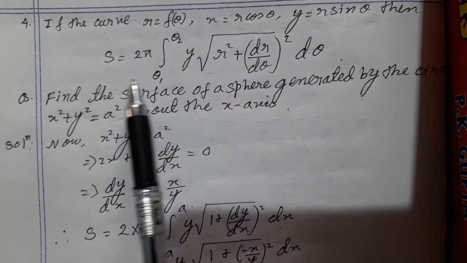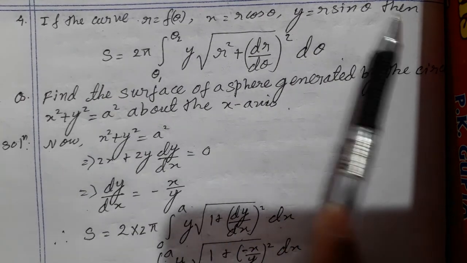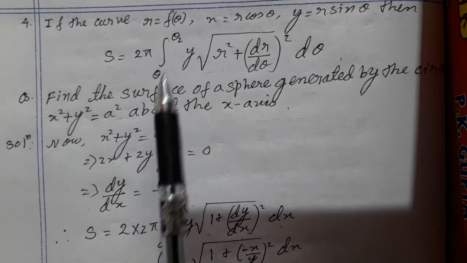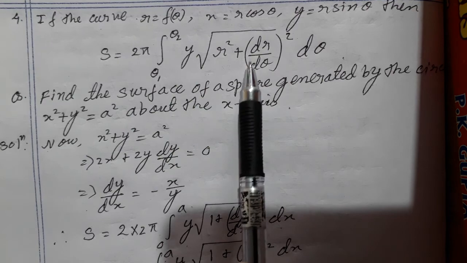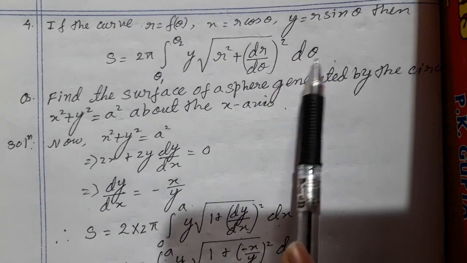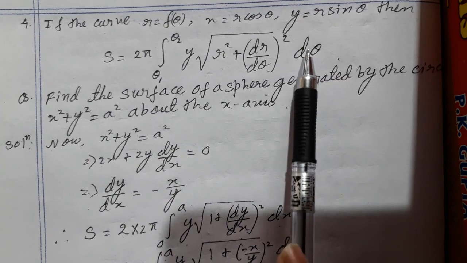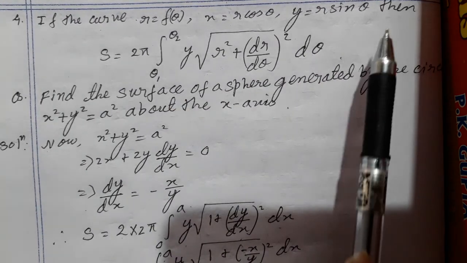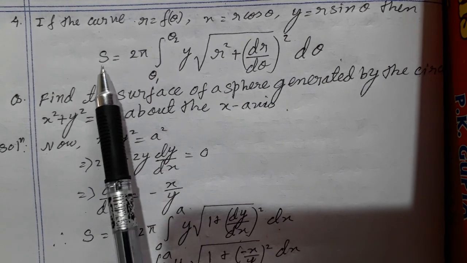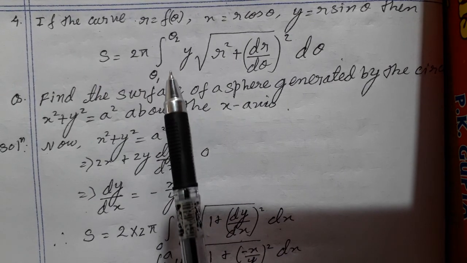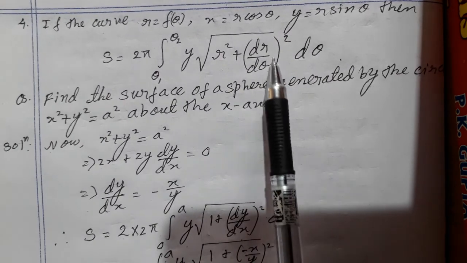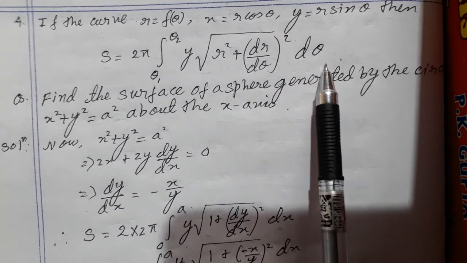Then this formula is for rotating about the x-axis: s equal to 2 pi integration theta 1 to theta 2 y square root of r square plus (dr by d theta)^2 d theta. But if it is rotating about the y-axis, then this formula will change to s equal to 2 pi integration theta 1 to theta 2 x square root of r square plus (dr by d theta)^2 d theta.